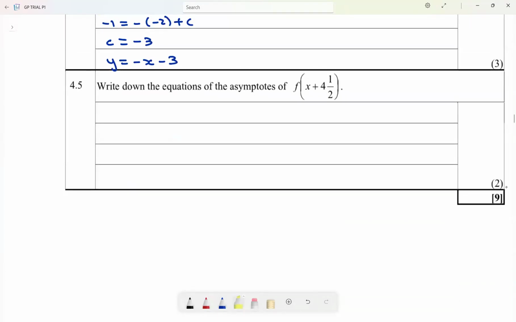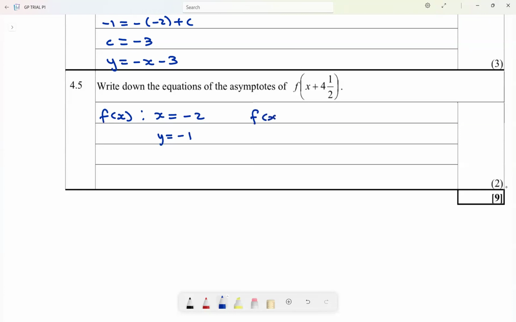Find out the equation of the asymptote of this one, okay? Remember, the asymptote of the original one: let me say f of x had the asymptote of x is equal to -2, and y is equal to -1.